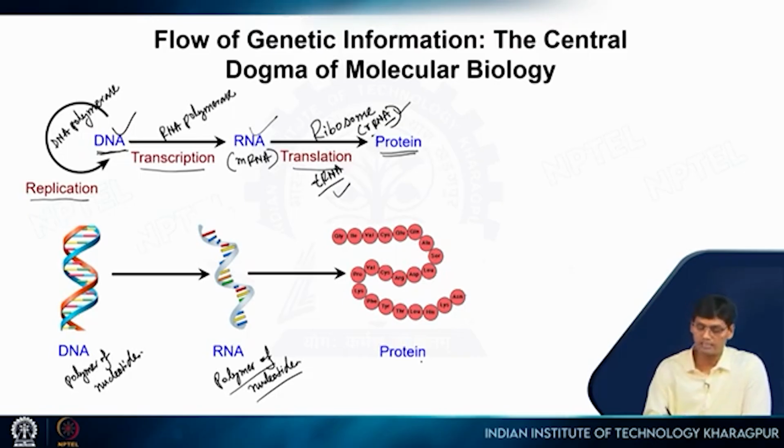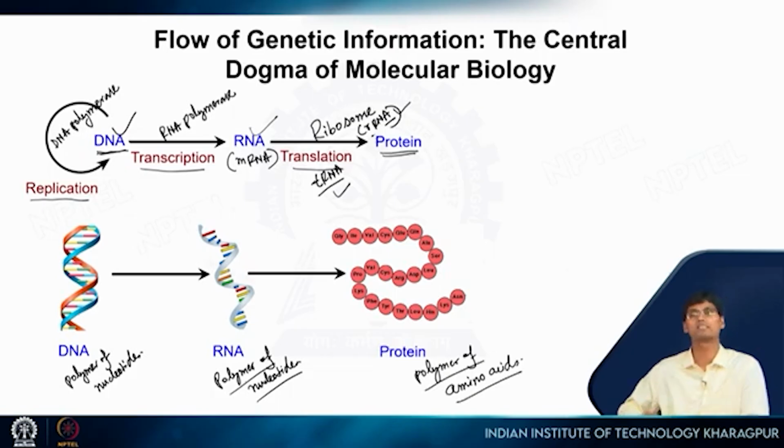So proteins are polymers of amino acids. So now if you see, the language is completely changed here. Until now DNA and RNA are polymers of nucleotides, but now this is a polymer of amino acids.